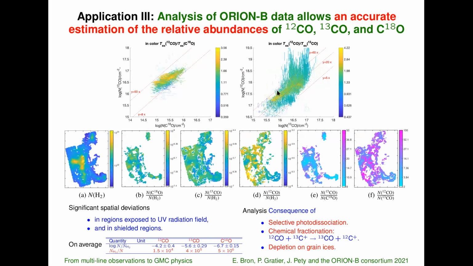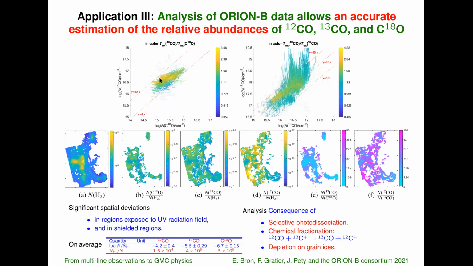But you have a relatively large dispersion of values, and this is understood in terms of chemical fractionation. The fact that 12CO can recombine with 13C+ to give 13CO plus 12C+. And so you have an enrichment of 13CO. And for C18O, the abundance ratio should be 8 if you're just looking at elemental abundance of carbon and oxygen.